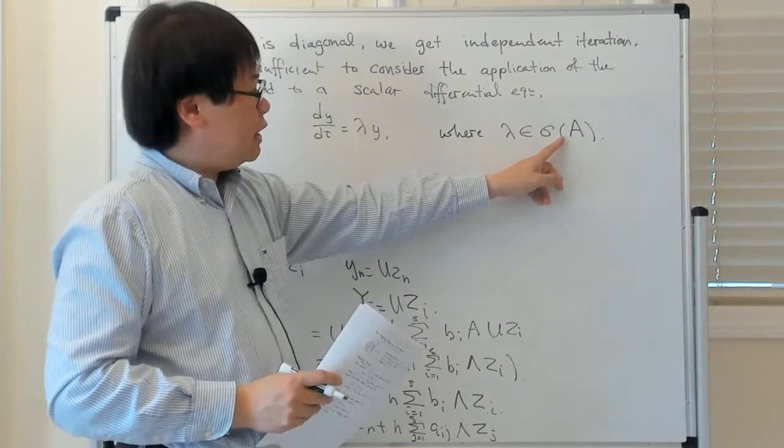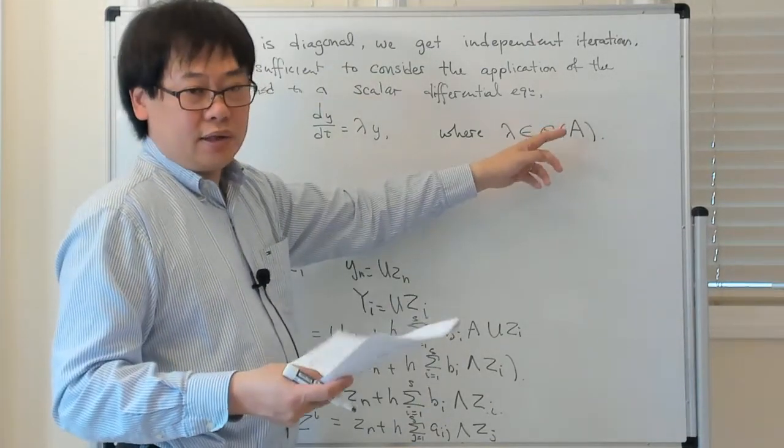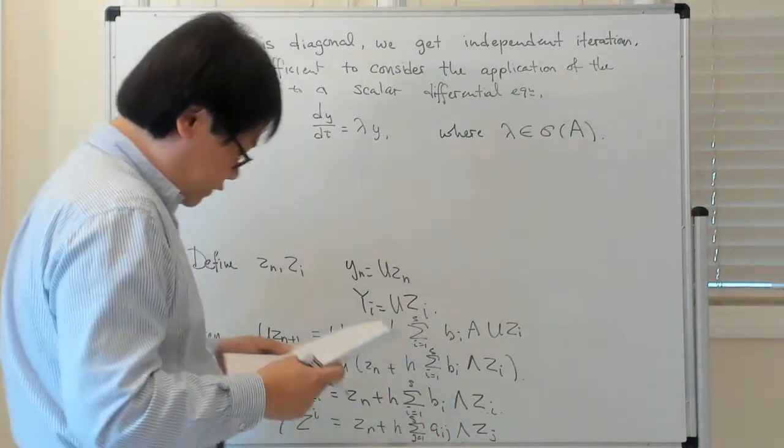This is the matrix A which defines the linear system of equations. It's not the matrix A which holds the a_ij coefficients in the Runge-Kutta method.